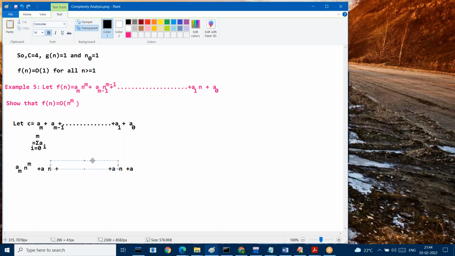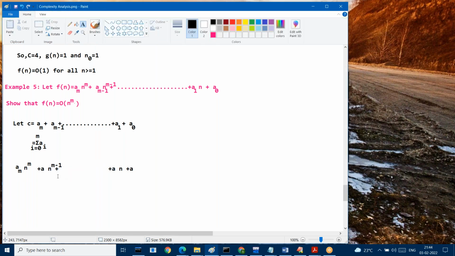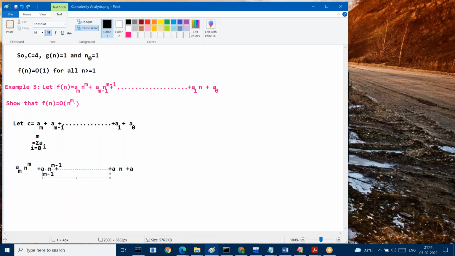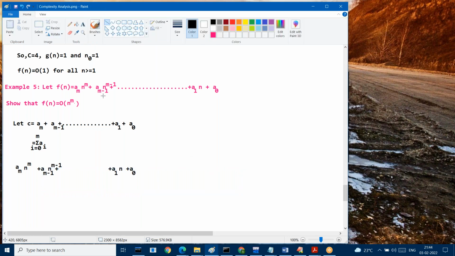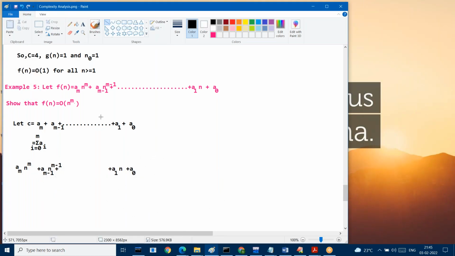It will be what, sir? m minus 1, and this will be suffix m minus 1, a1, lastly a0. This is the given, whatever is given, that is what I've written here, nothing else. Exactly the thing that is given in the question, I copy pasted that here, sir. Let me add those dots here.